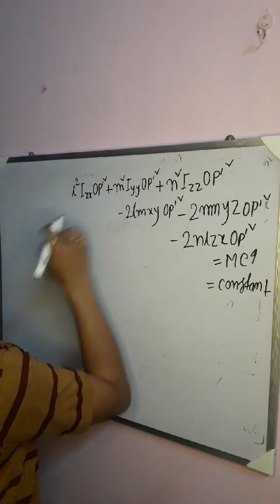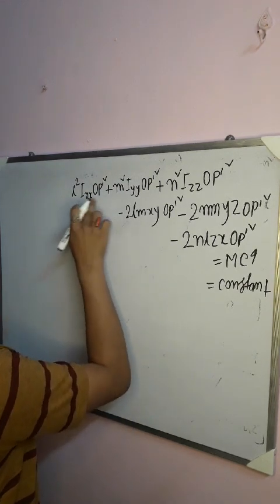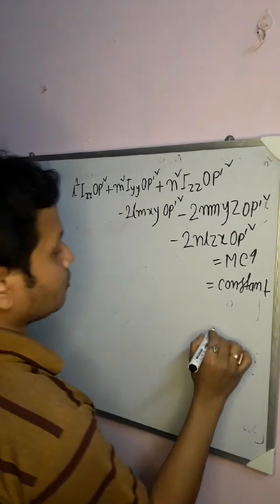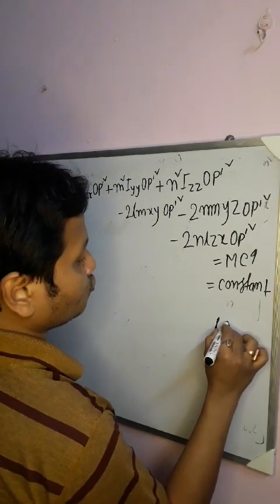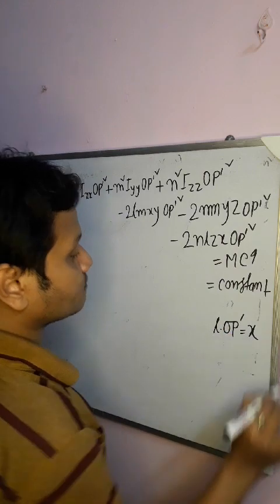So this term l square OP dash square, that is l into OP dash, this is x.